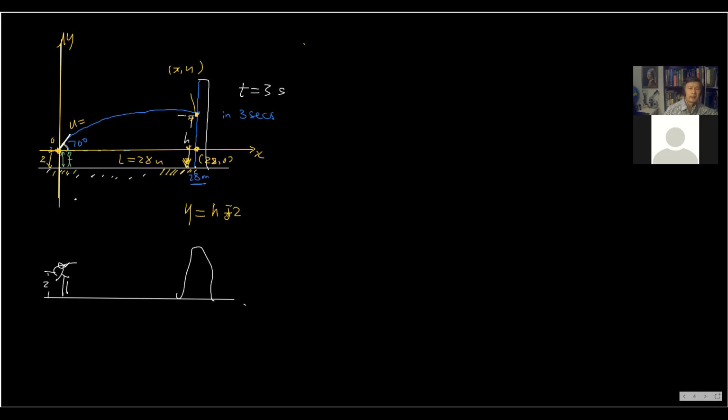You throw something here, it takes 3 seconds. They are looking for the height from the ground, not from his height, not from his top. He threw something here at angle theta. You agree?